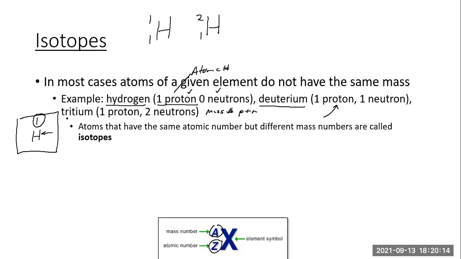We could also do it for tritium. Again, if you weren't sure, that is actually hydrogen. Right here will tell you that. We have, again, 1 proton, which means when we go to the periodic table, we will see number 1. And that should also tell us that the symbol we should use is H. Also has 1 for the atomic number. 1 proton and 2 neutrons gives us 3 for the mass number.